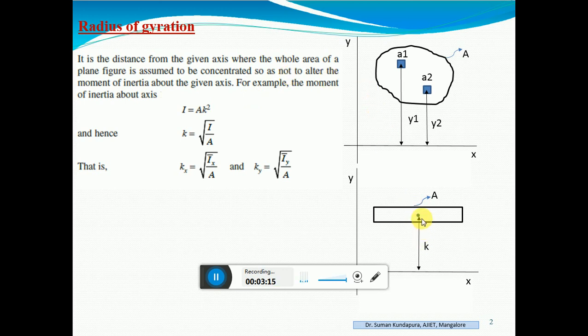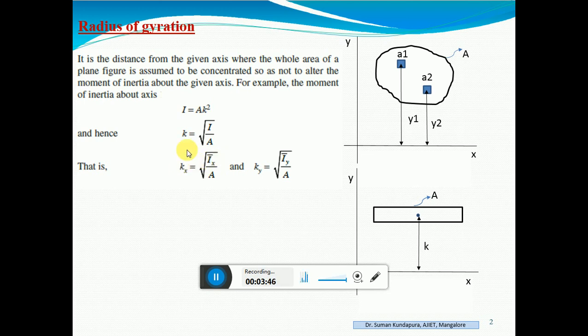So that k which I obtain without altering the moment of inertia of this figure is called the radius of gyration. So by definition, it is the distance from the given axis where the whole area of a plane figure is assumed to be concentrated so as to not alter the moment of inertia about the given axis.